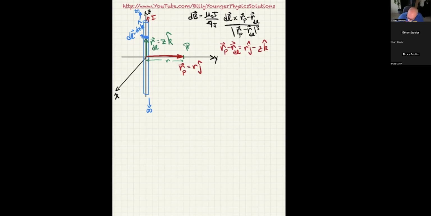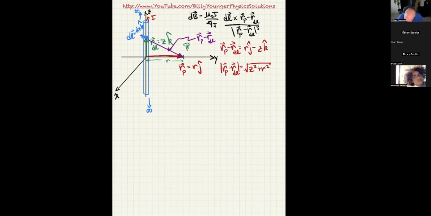Now, if you look closely, you can also see that that vector is really this vector, the r_p minus r_dl vector. And I think you can tell from that that the magnitude of the r_p minus r_dl vector is going to be equal to the square root of z squared plus r squared.